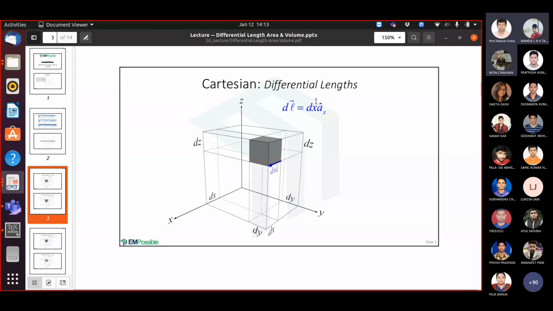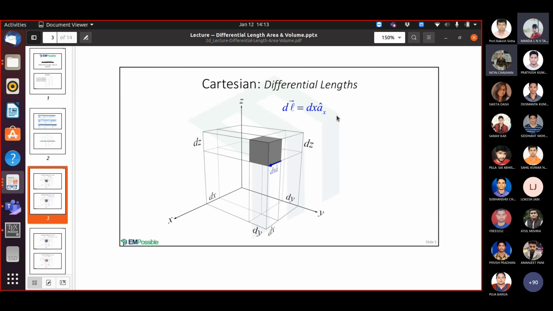In the x direction you have a vector dx into, instead of ax, we will write x hat, because based on my notation it should be x hat. You can see that this dl is a vector quantity and also a differential length. It is an infinitely small length and it also has a direction.